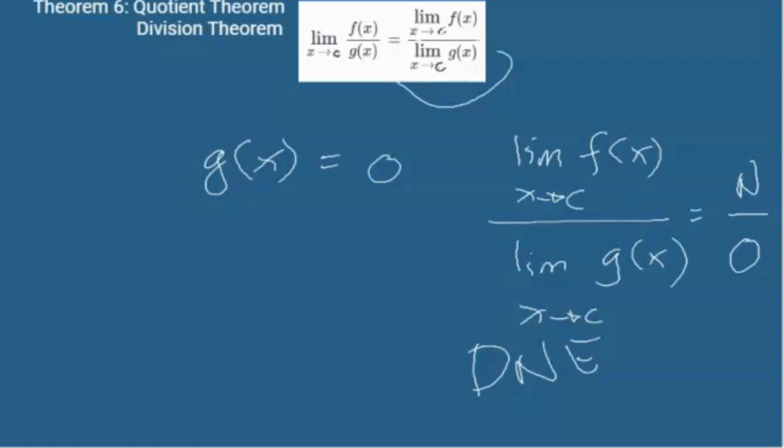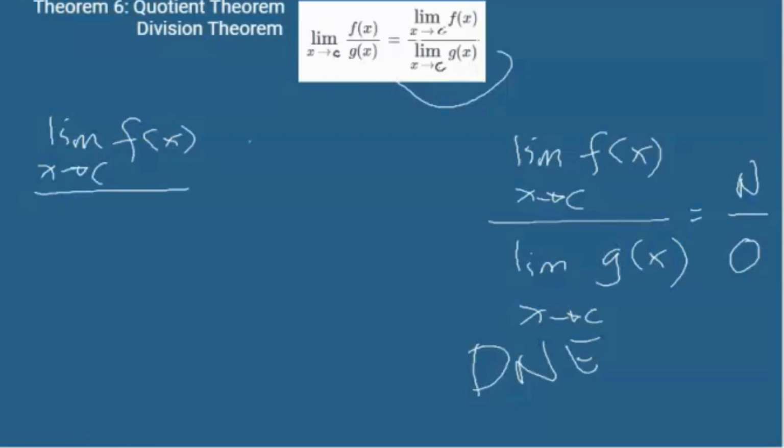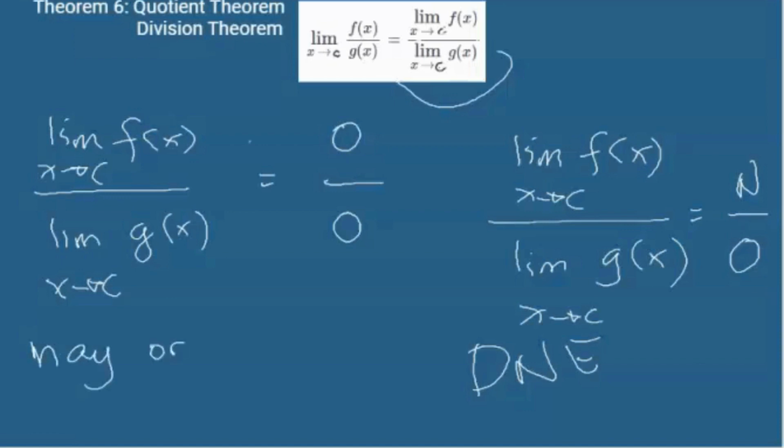If the numerator and denominator are both equal to 0, let's write it: the limit of f of x as x approaches c over the limit of g of x as x approaches c. Let's say the f of x is 0 and the denominator is 0. In this case, the limit may or may not exist.